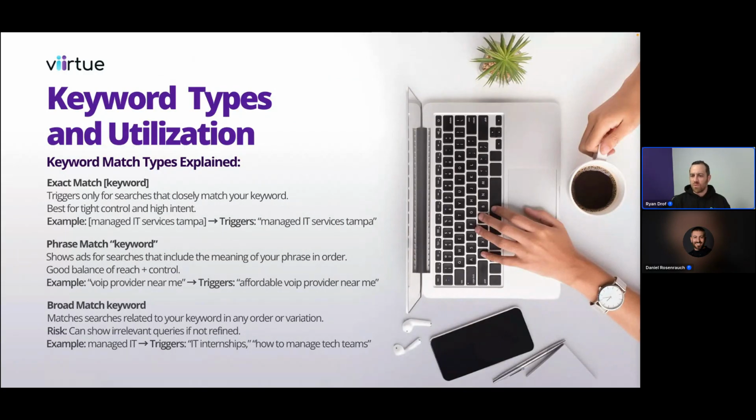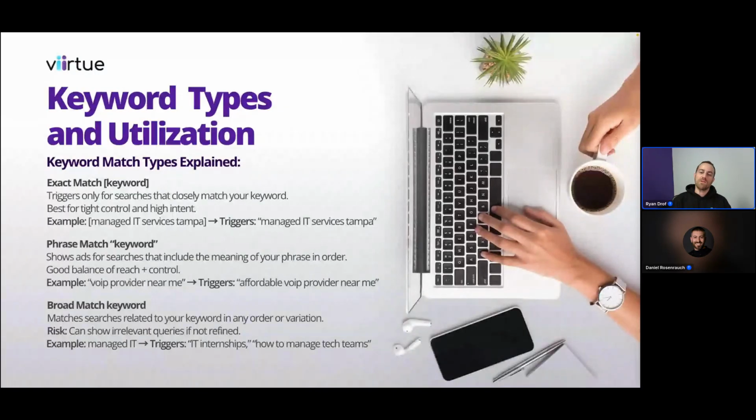And I really just don't like having to put so many negative keywords in to stop these from happening. So in my experience, I would suggest using exact match or phrase match. And for example, let's look at a phrase match. VoIP provider near me triggers the same result as affordable VoIP provider for me.